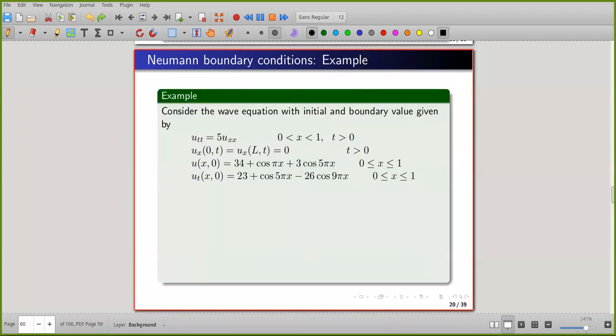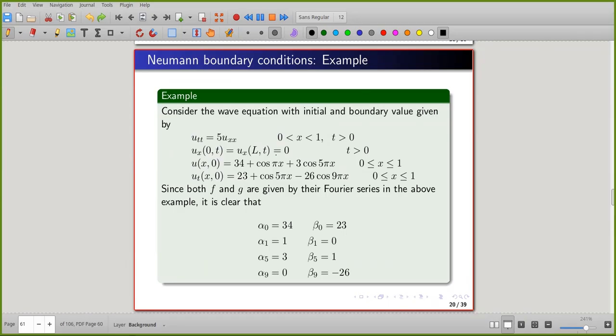So let's see a simple example once again. We are looking at this. Here I have already expressed the function in terms of its Fourier cosine series. This is the Neumann boundary conditions, so I've already expressed the function in terms of its Fourier cosine series, which makes life very easy.